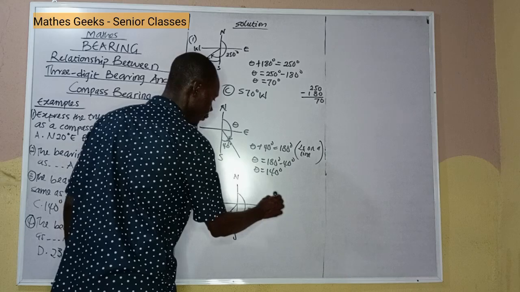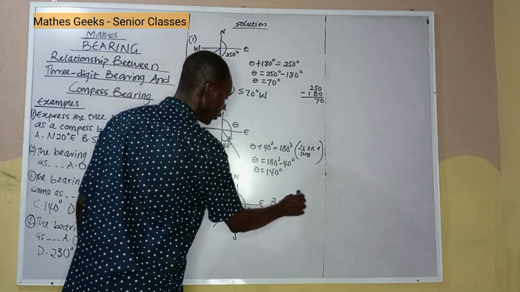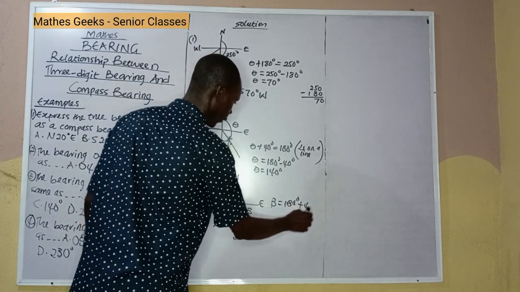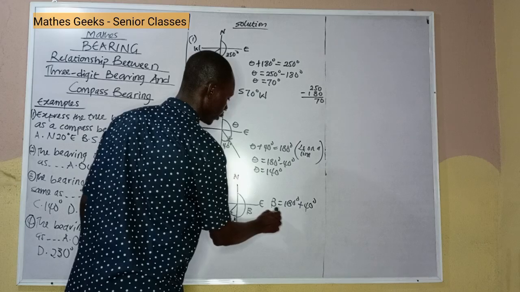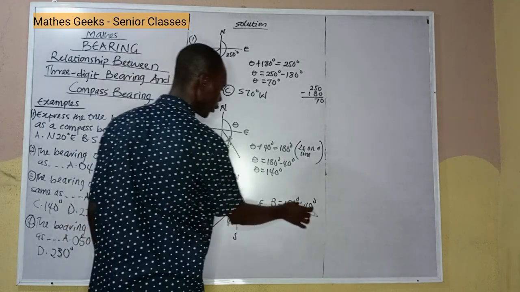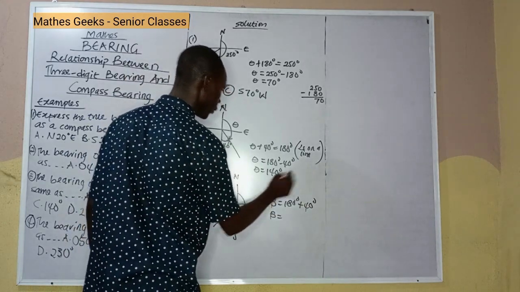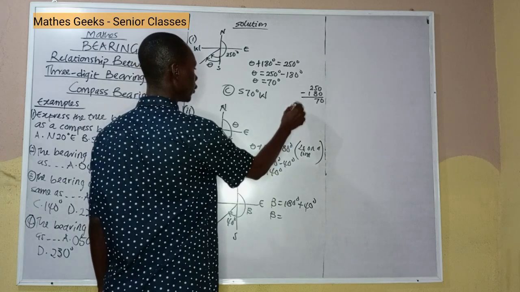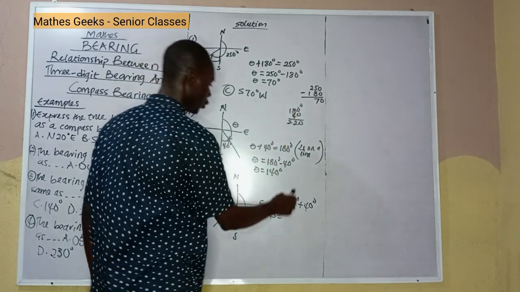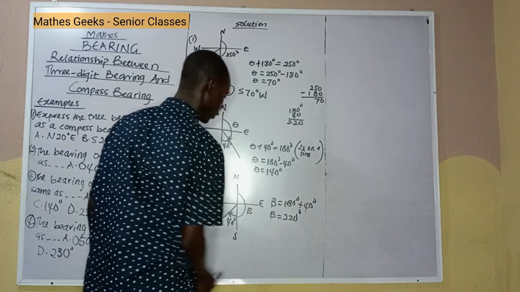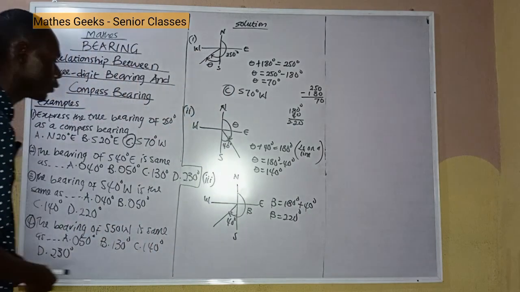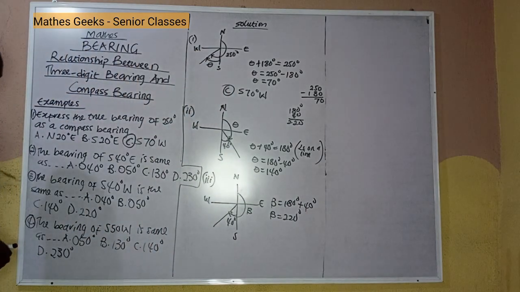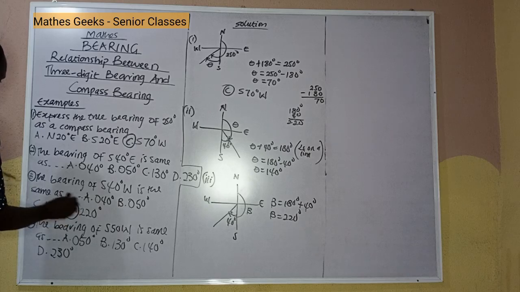So beta is equal to 180 degrees plus 40 degrees, which will give us 220 degrees. So south 40 degrees west is equivalent to 220 degrees, option D.